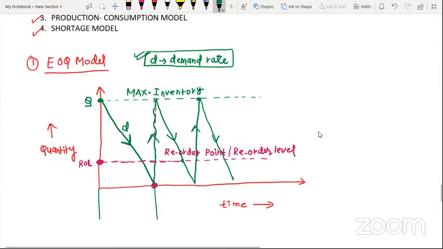This time period is denoted by capital T. This capital T is known as the length of one inventory cycle.